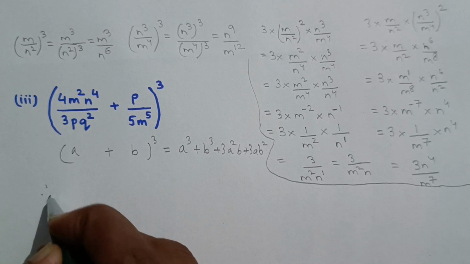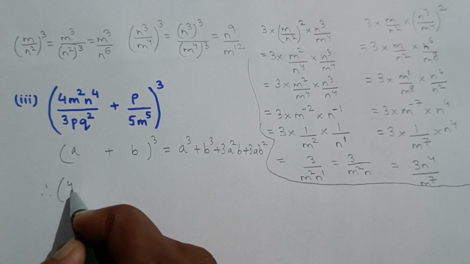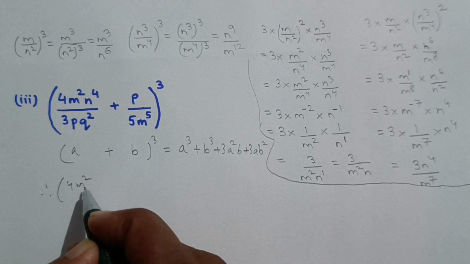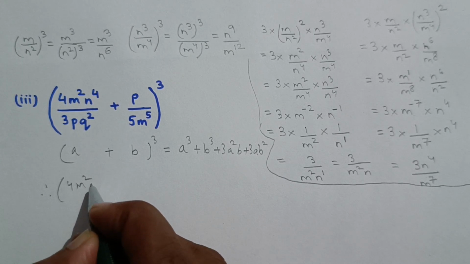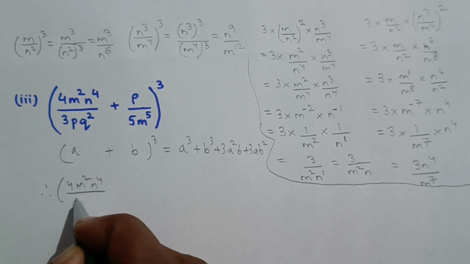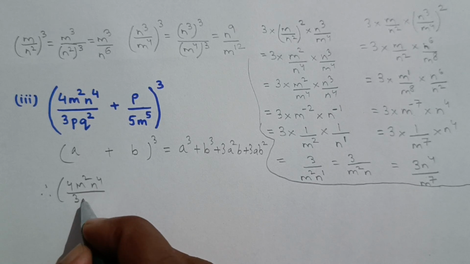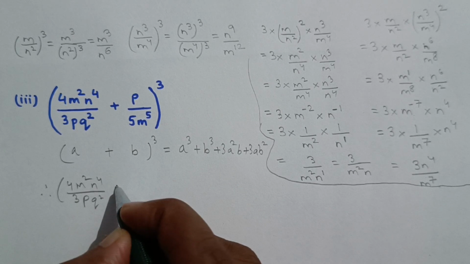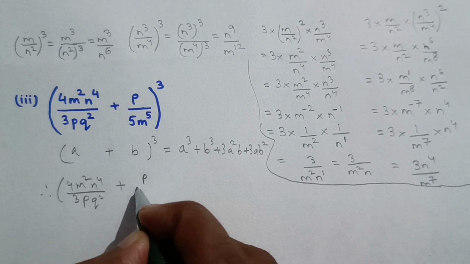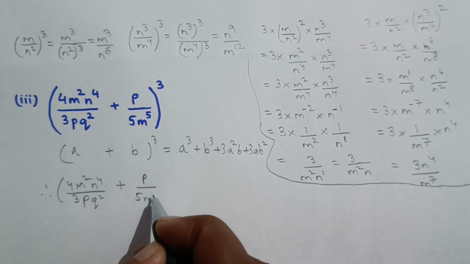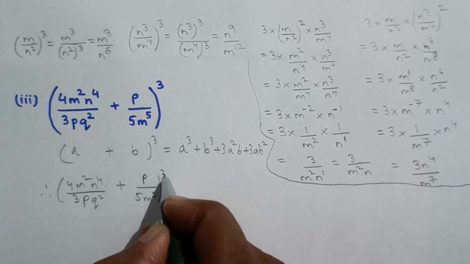So therefore (4m square n to the power 4 upon 3pq square plus p upon 5m to the power 5) whole cube.